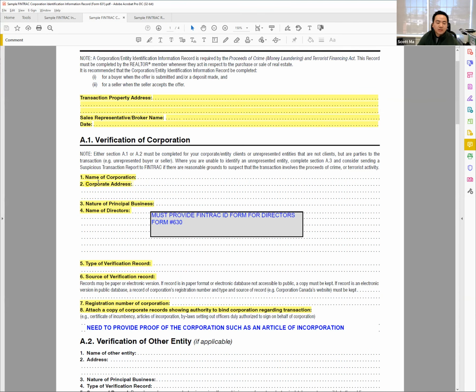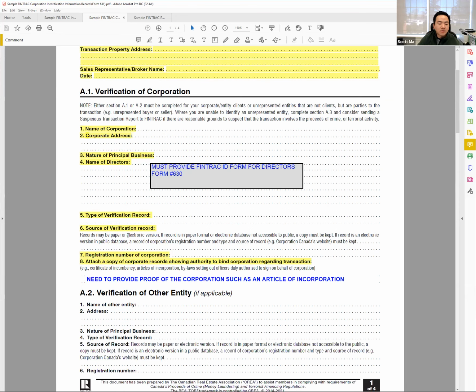So in A1, you basically put the corporation info first. So name, corporate address, principal business, and name of the directors. So for each director, you then have to complete the individual ID record.